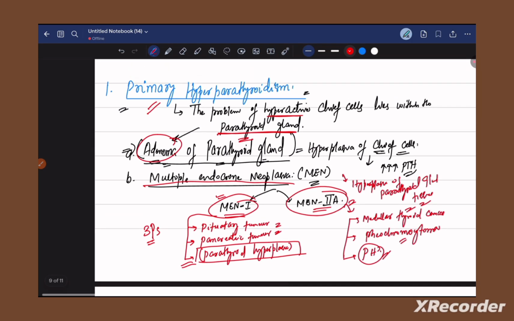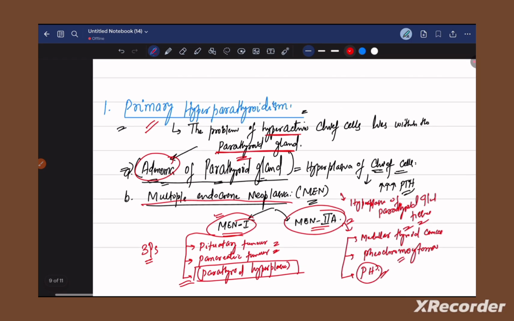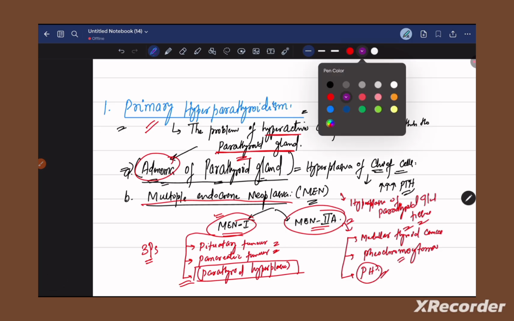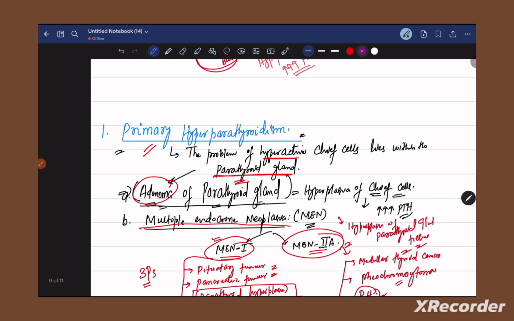Now, what is most important, you have to remember what differentiates primary, secondary, and tertiary hyperparathyroidism. That is, in primary hyperparathyroidism, remember, the kidneys are okay. Kidneys are normal. Kidneys are intact.